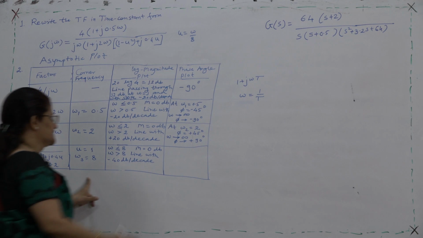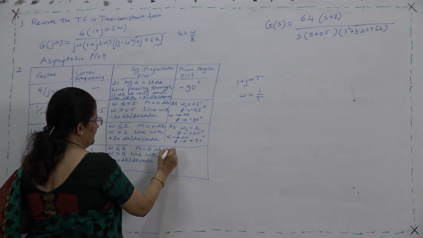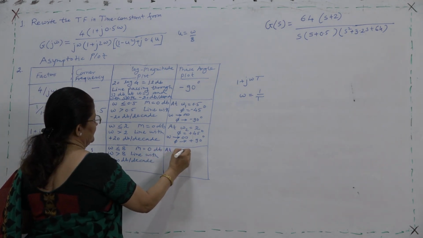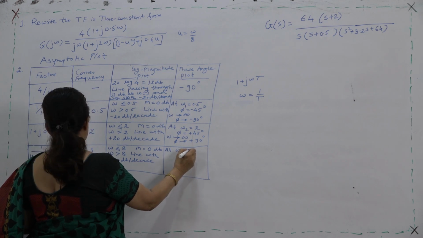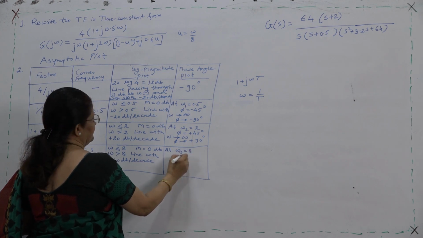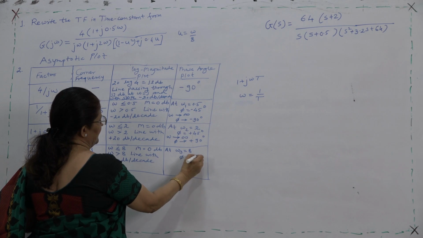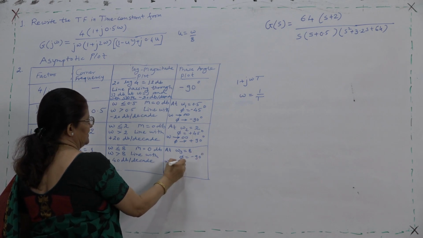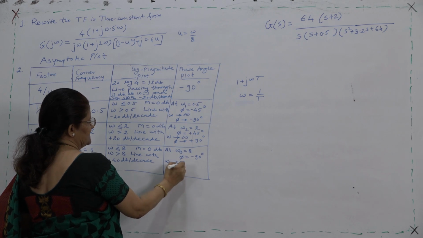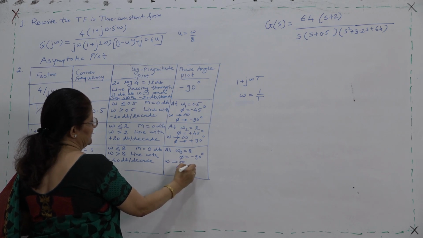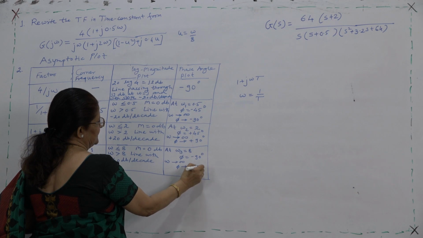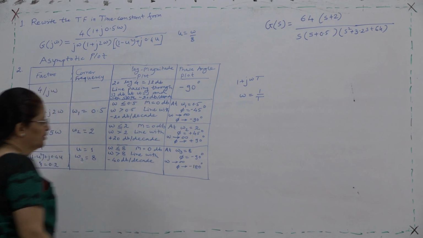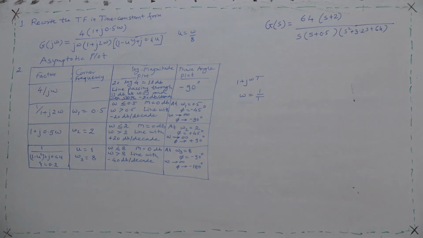For the last term we will get at omega is equal to omega 3, the phase angle will be minus 90 degrees. As omega is tending towards infinity, phase angle will tend towards minus 180 degrees. So, this is the asymptotic plot, approximate plot.